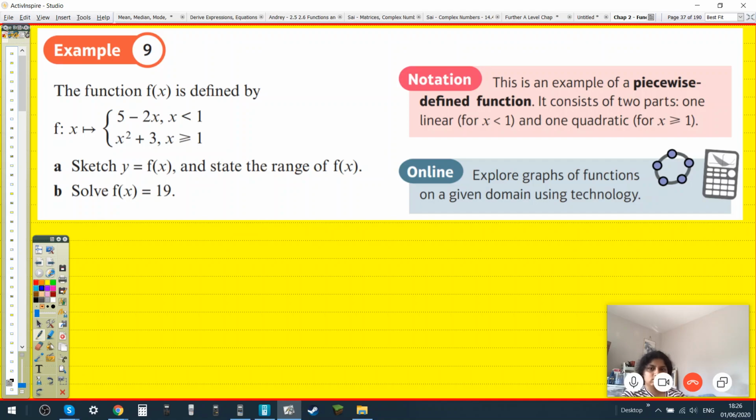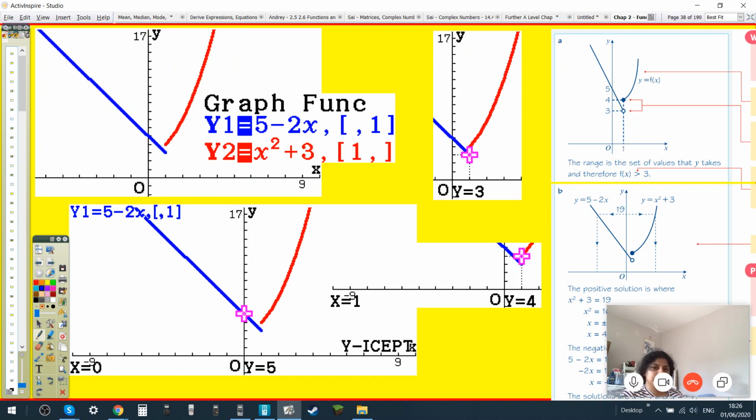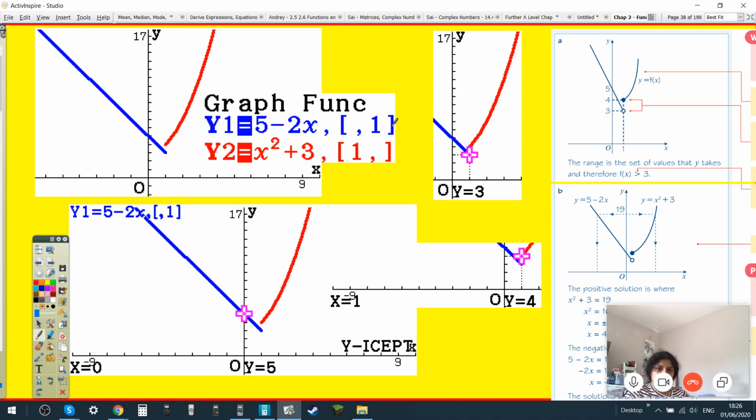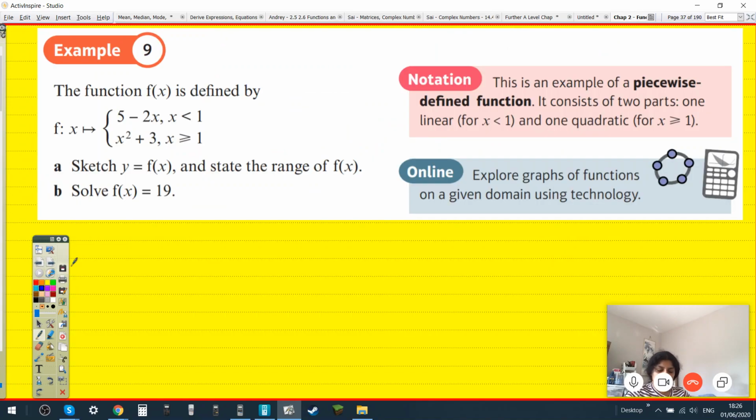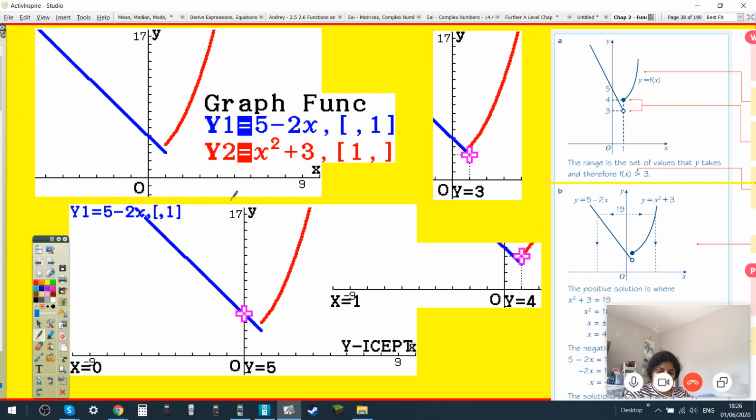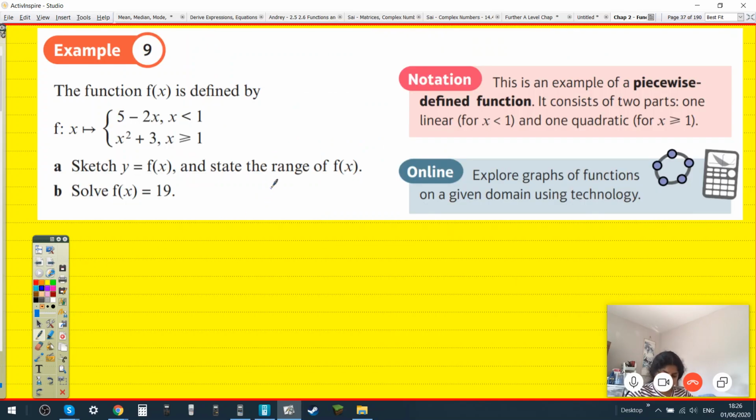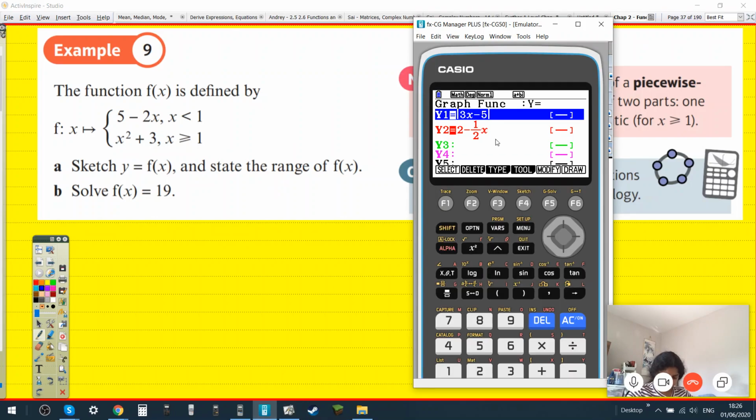I will show you some magic. Next page. See how I did these square brackets after it? You do comma and then square brackets by shift plus and shift minus. You leave it blank for infinity or negative infinity.